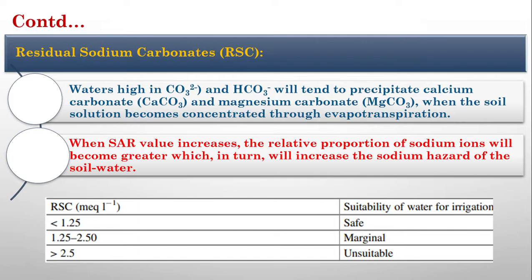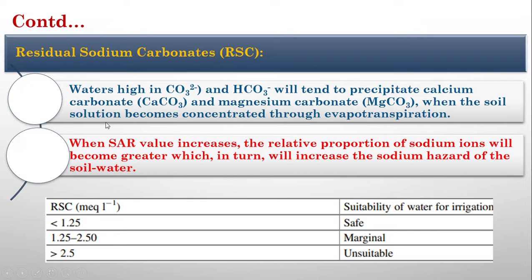The third parameter which can cause hazard to the plants and soil due to irrigation water is residual sodium carbonate. When water has a higher amount of carbonate and bicarbonate, it will have a tendency to precipitate calcium carbonate and magnesium carbonate. This precipitation of calcium and magnesium may be hazardous for the plants or the soil.